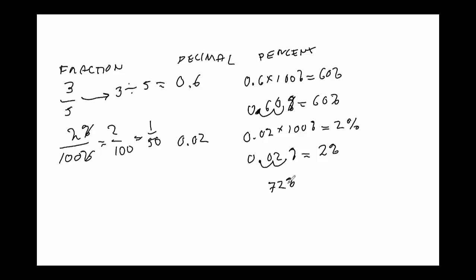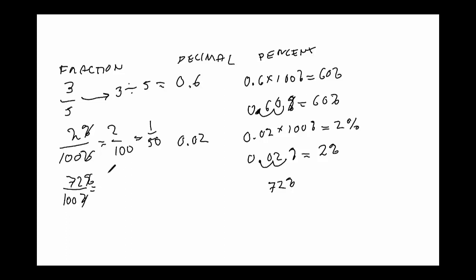Well, probably the easiest thing to do would be to go back to our definition of percent and see if we can convert that into a fraction. So we have 72% divided by 100%, and of course those cancel out, and we see that 4 goes into 72 and 4 goes into 100.